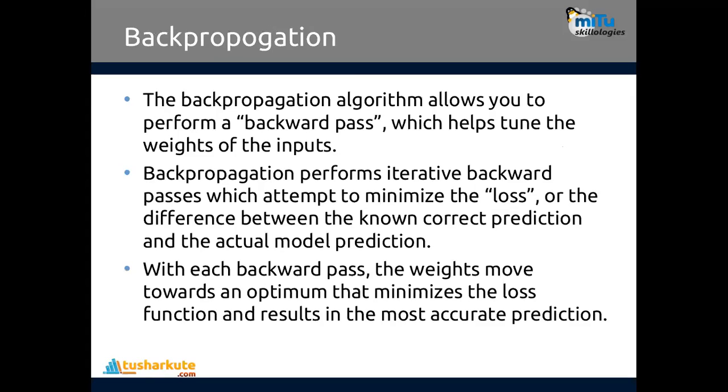Now, backpropagation. We have seen this already. Remember that fine tuning of the weights is done with the help of the backpropagation technique. The backpropagation algorithm allows you to perform a backward pass, which helps to fine tune the weights of the input.